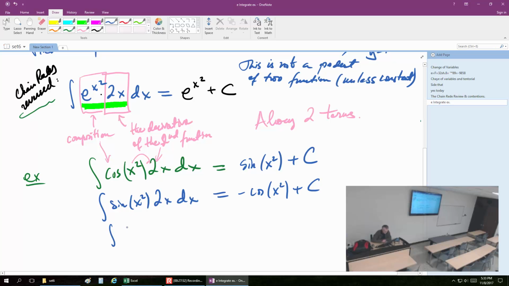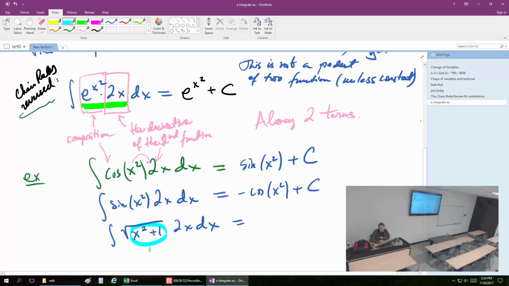How about the square root of x squared plus 1 times 2x dx. So in this case, the function on the inside is not x squared anymore. It's x squared plus 1.